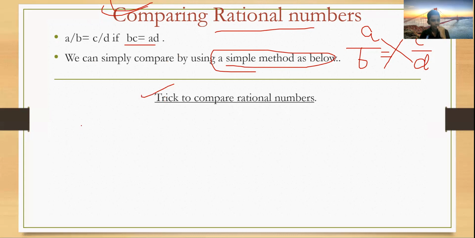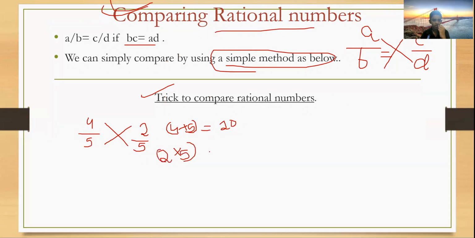If it is given, are 4 by 5 and 2 by 5 equal, how will we compare them? We can just cross multiply: 4 into 5 is equal to 20, and 2 into 5 is equal to 10. Thus we can say that 4 by 5 is greater than 2 by 5.